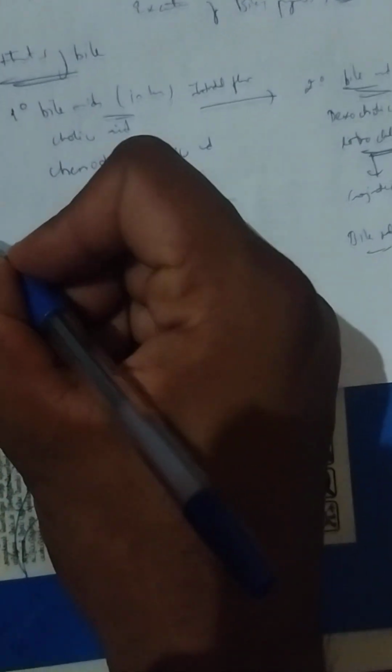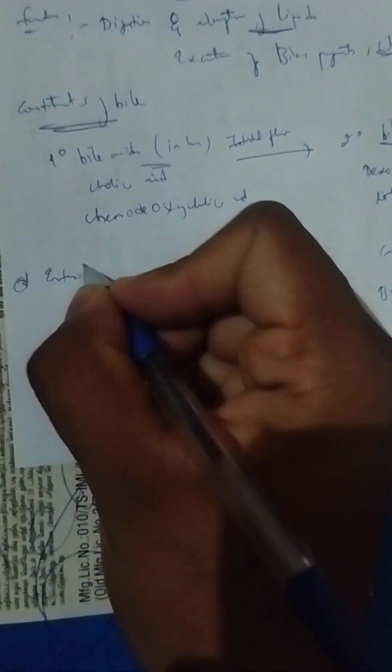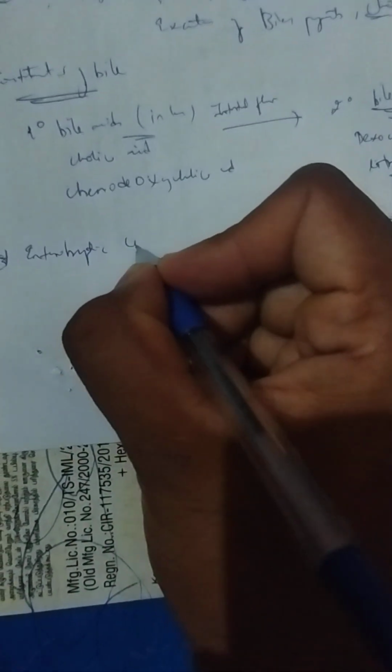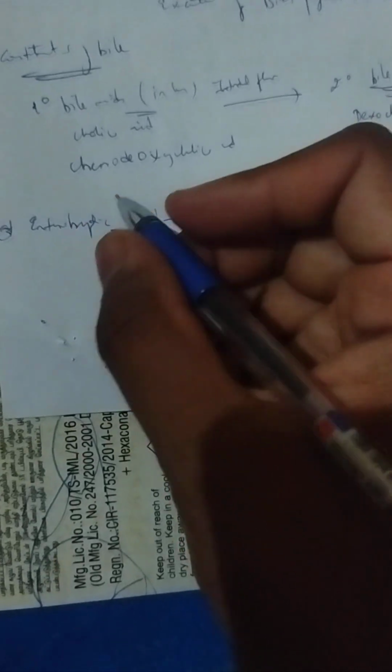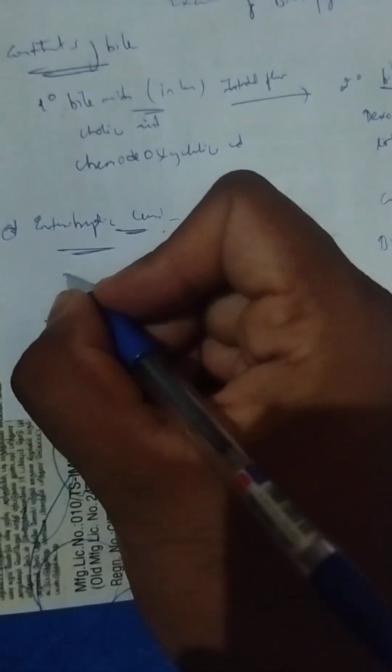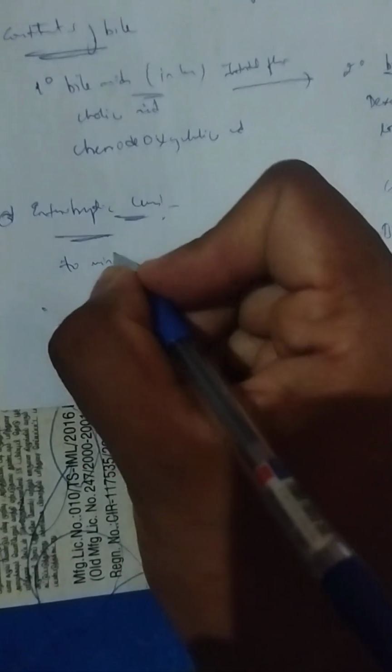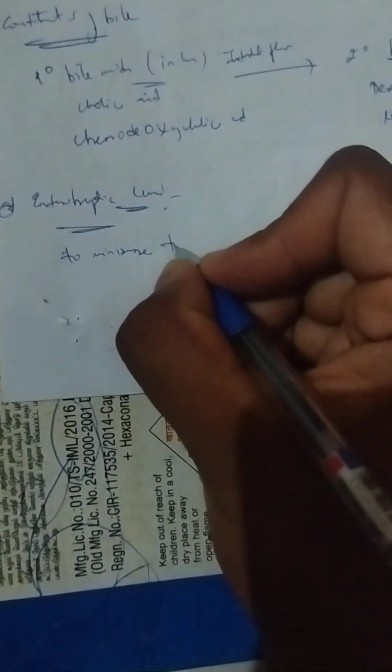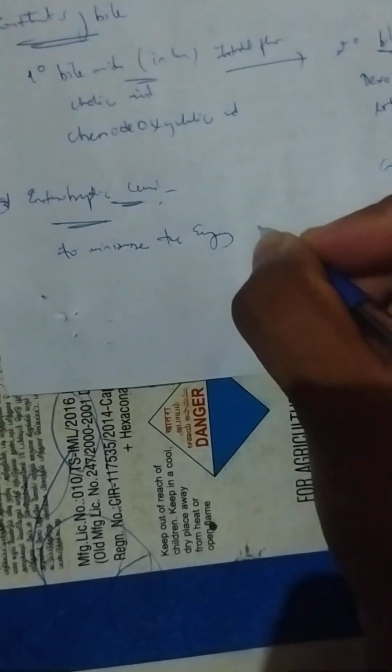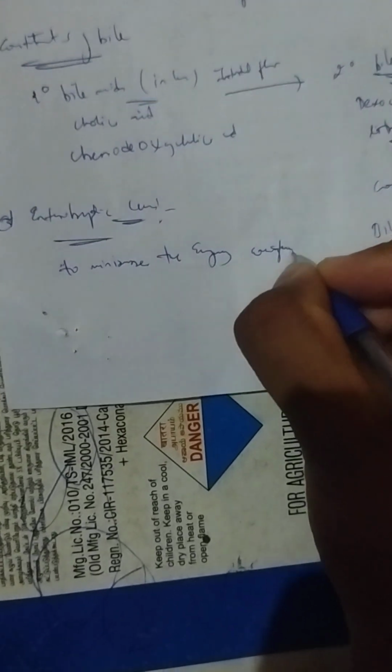We have a concept called enterohepatic circulation. The main purpose of the enterohepatic circulation is to minimize the energy consumption during bile synthesis.